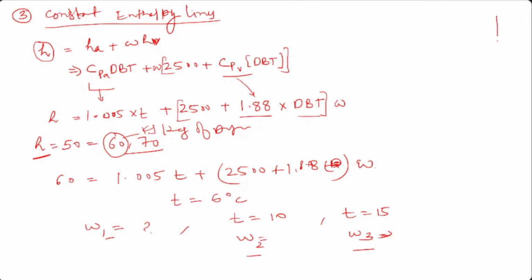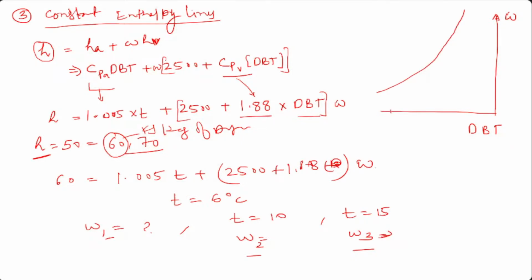Yes, sir. So let's say this is your psychrometric chart. On the x-axis we have the dry bulb temperature, and on the y-axis we have omega. This is your saturation curve.